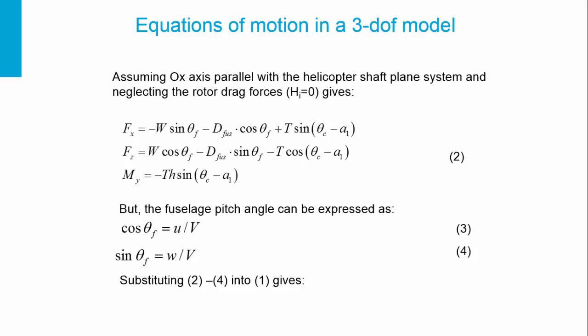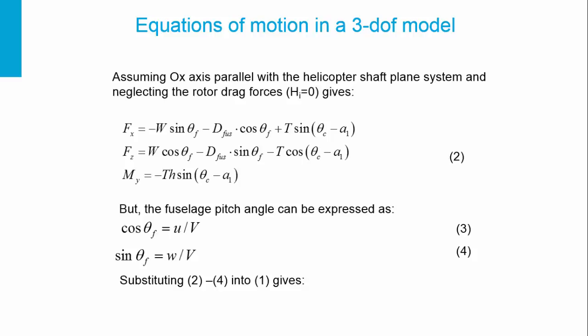And there is an aerodynamic pitch moment which is, if you look back at the figure, if the rotor is situated at a distance h from the CG of the helicopter, the moment will be hT sin of the angle (theta c minus a1).